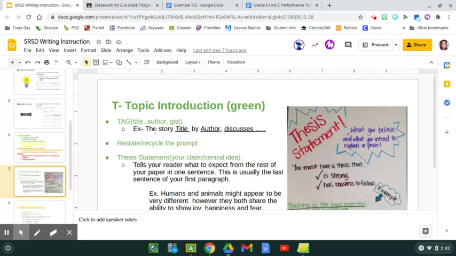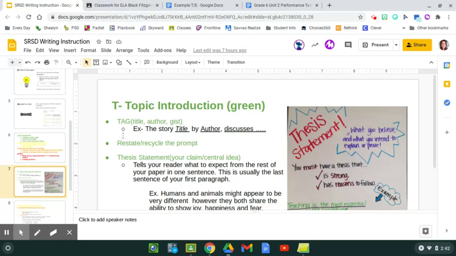For example, the story, My Life with the Chimpanzees by Jane Goodall, discusses how Jane studied chimpanzees in her life. Okay, so title, author, gist.